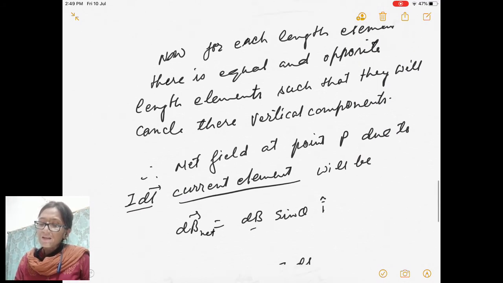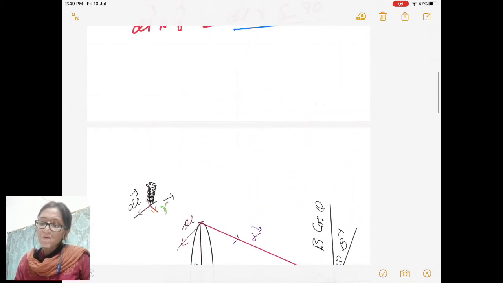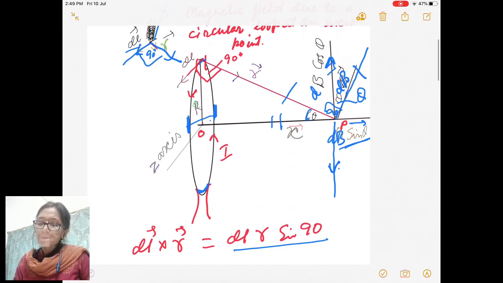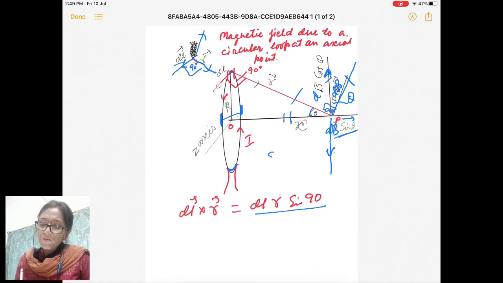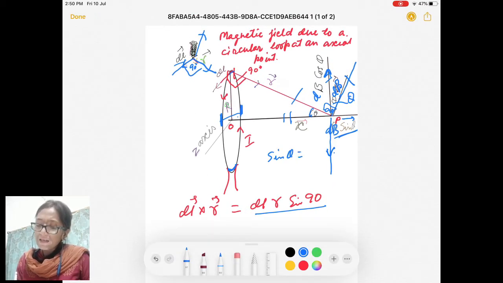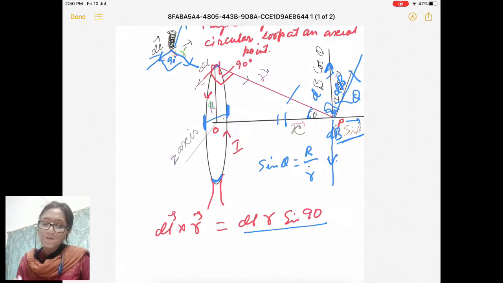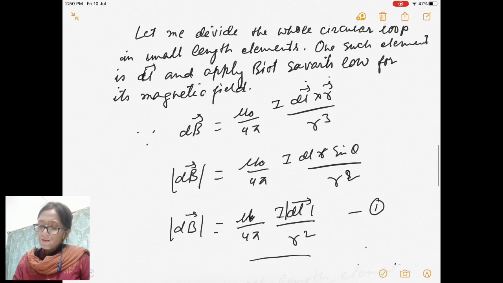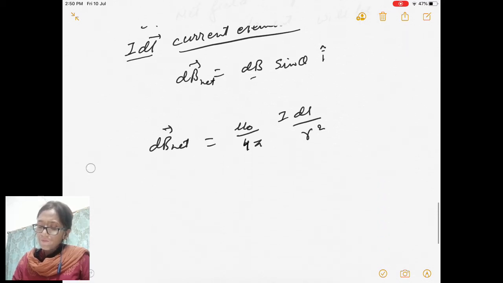So let me put the value of sin theta. From figure, sin theta is equal to perpendicular upon hypotenuse, capital R upon hypotenuse. So in place of sin theta, I'll be writing perpendicular upon hypotenuse into i cap.